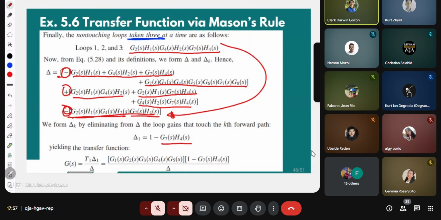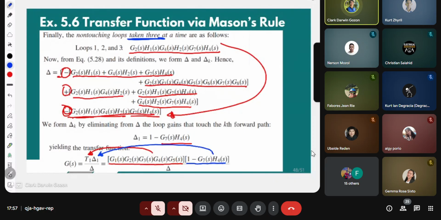So, basically, this is the forward path, mao ni ang T1 nga term, and this one is our delta nga term.